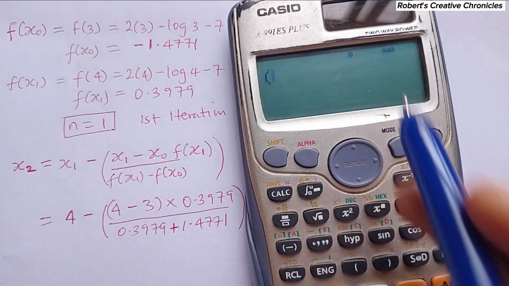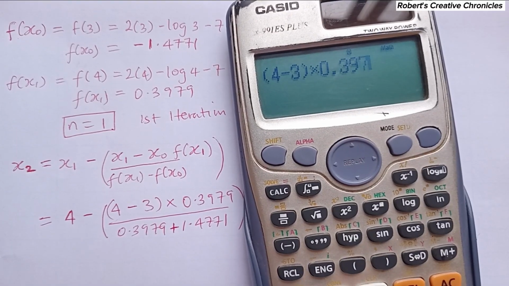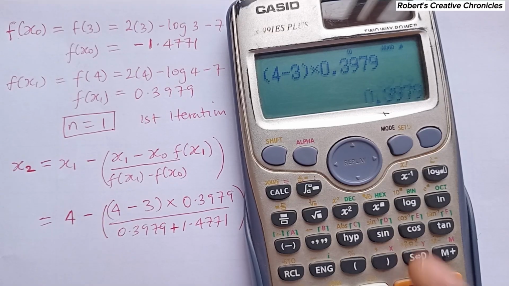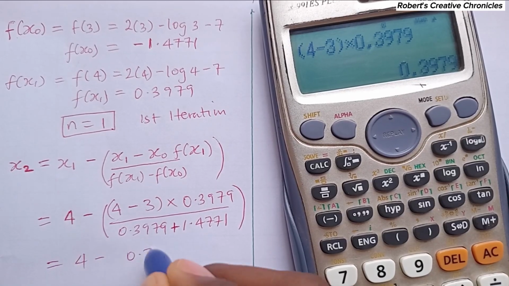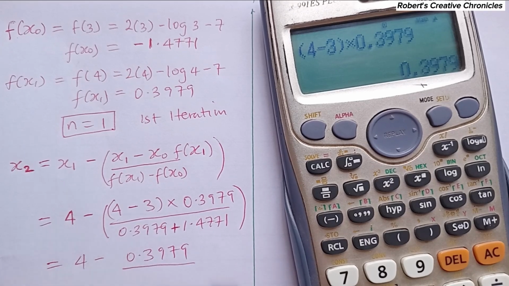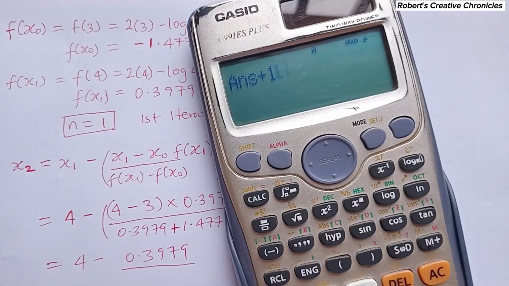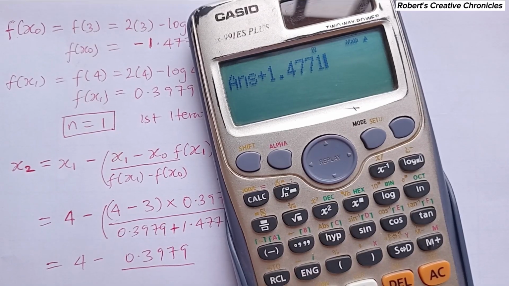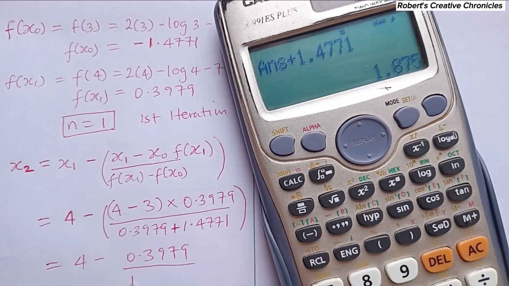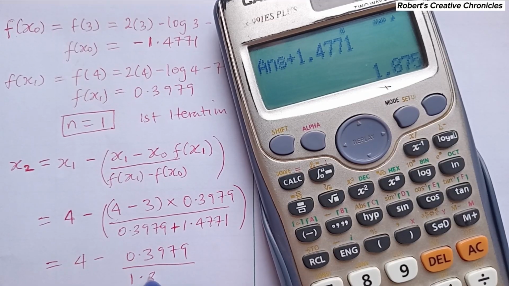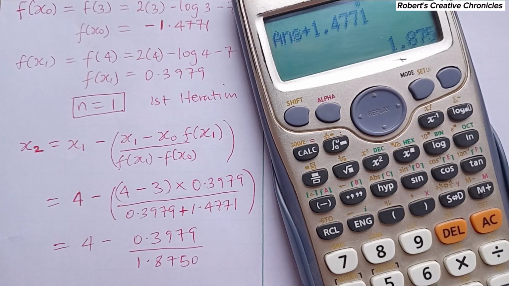And so now let's put the numerator in this calculator. 4 minus 3 times 0.3979. Since it's the same thing here, we can also just say plus 1.4771, which gives 1.8750.